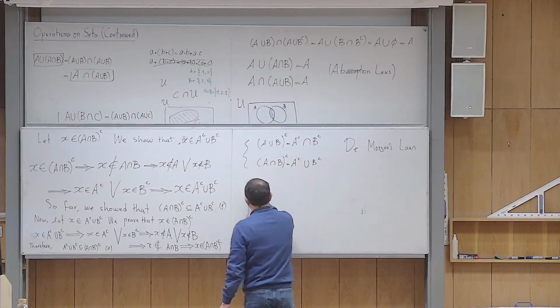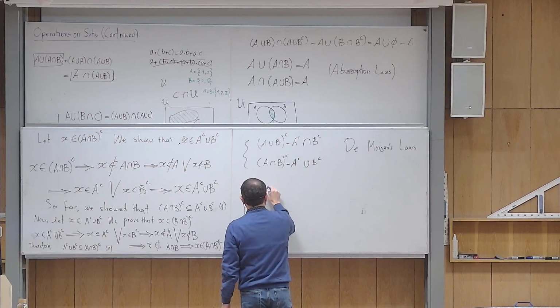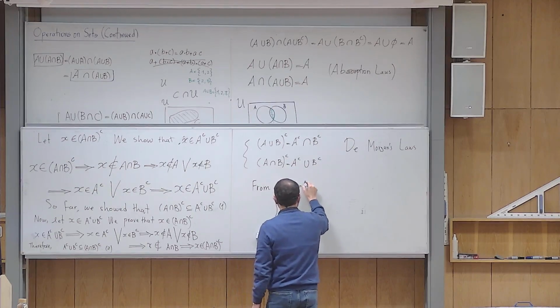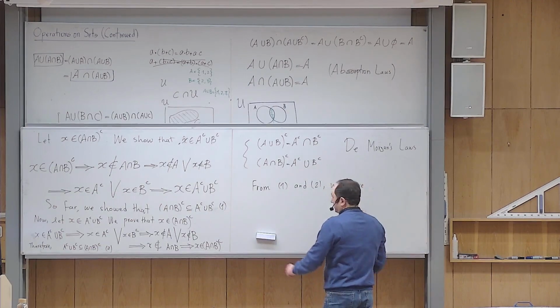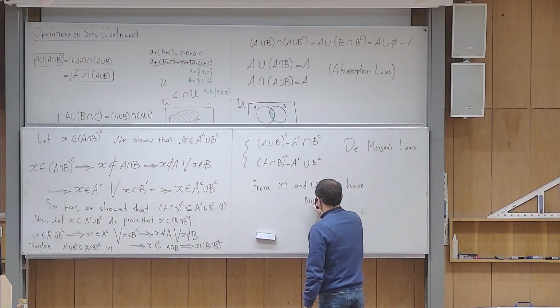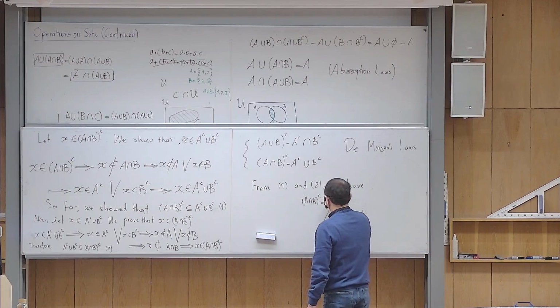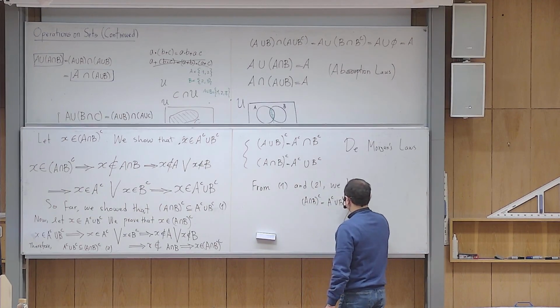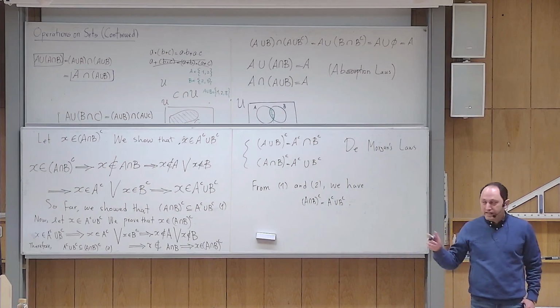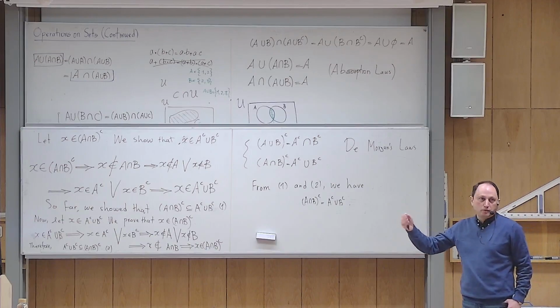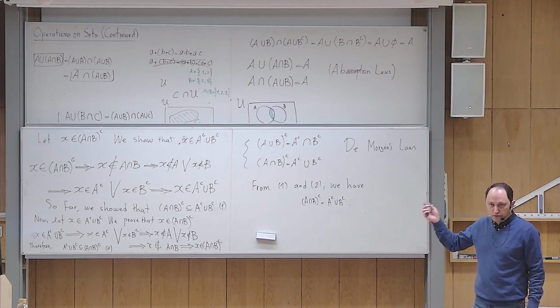So therefore, from 1 and 2, we have they are equal. Yes? So this level of the exercise is different from other questions, but this is in the book.